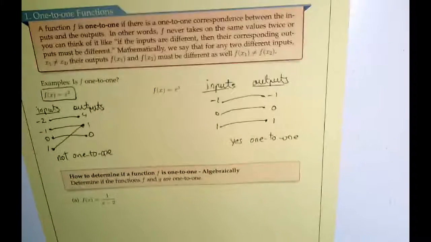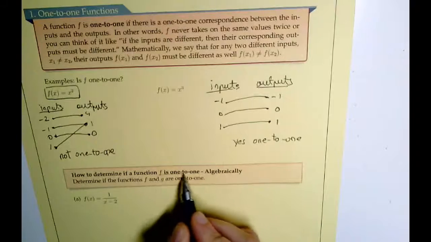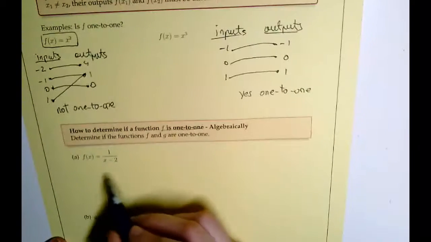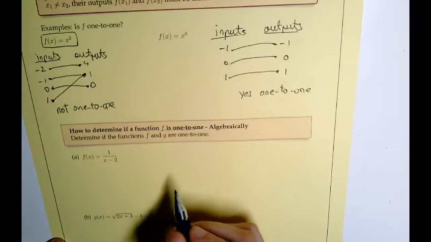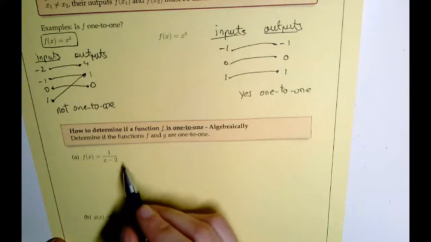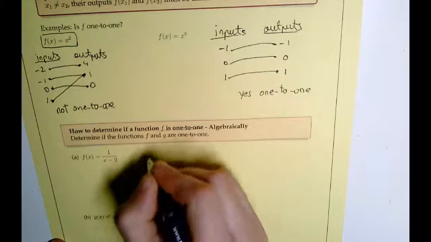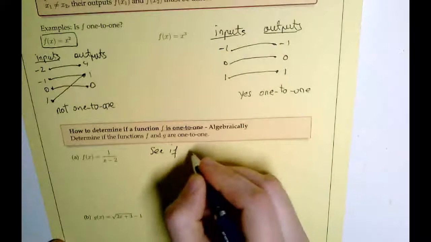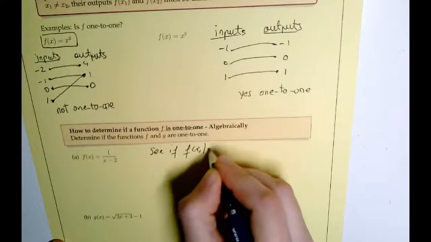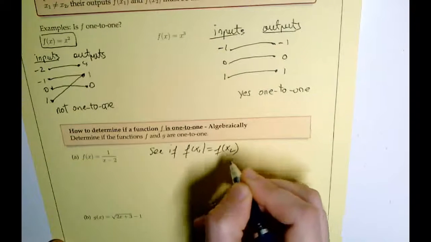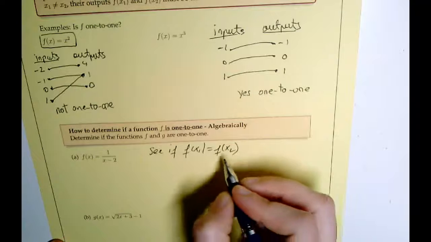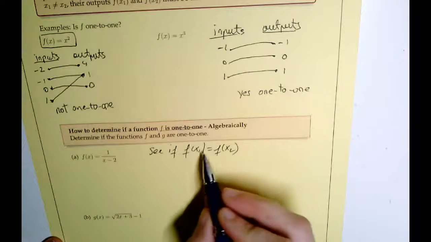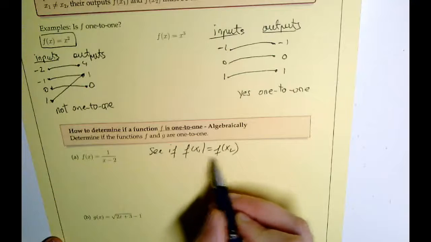Okay, so how to determine if a function is one-to-one? Algebraically, if you're given the formula for your function, we're going to see if I have f of x1 equals f of x2. So two equal outputs, what has to be true if the outputs are the same?